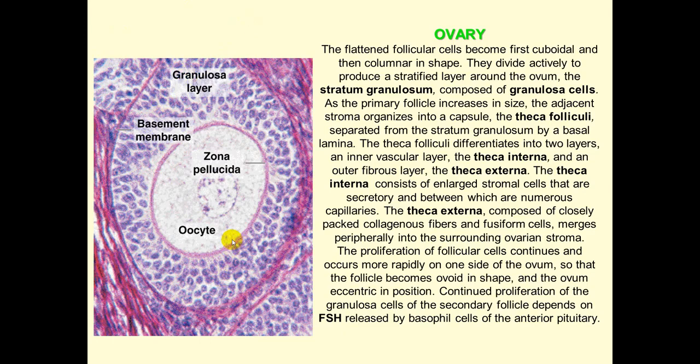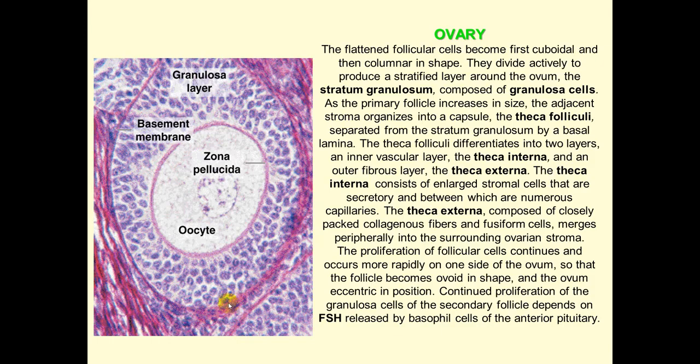Now it is the secondary follicle, and we can see that the fibroelastic connective tissue of the stroma in the cortex forms the so-called covering of the follicle, the theca. The connective tissue of the ovarian stroma forms the theca externa, which consists of collagen fibers, pink collagen fibers, outer theca externa, and inner theca interna.